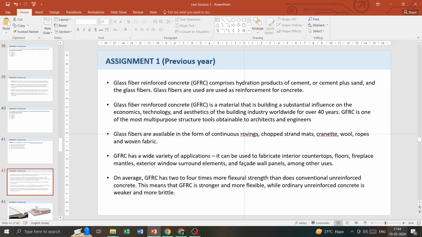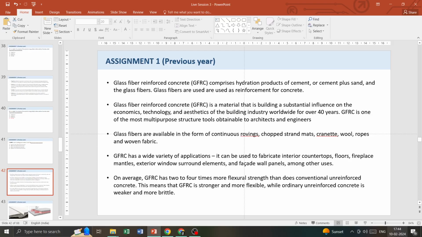And on average, GFRC has 4 times more flexural strength than conventional unreinforced concrete. This means that GFRC is stronger and more flexible, while ordinary unreinforced concrete is weaker and more brittle. So we have concrete, we have reinforced concrete, and we have GFRC. Concrete is just a cement and sand mixture with water.